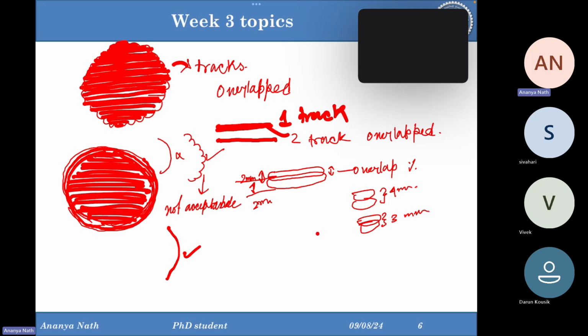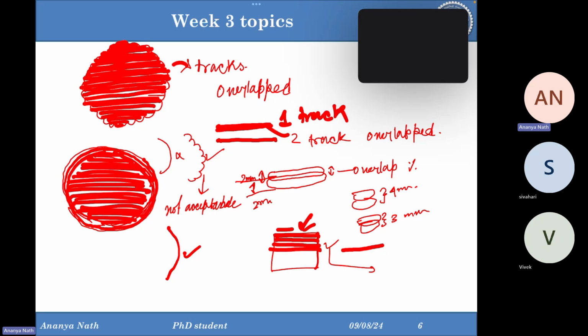But again, if this is a cube and you are depositing the tracks like this, then this length will be like this, but this length will be like this again. So here also you can go with first contour, contour parallel scanning. This is also called contour path scanning or contour parallel. And then you do the raster pattern inside the part.